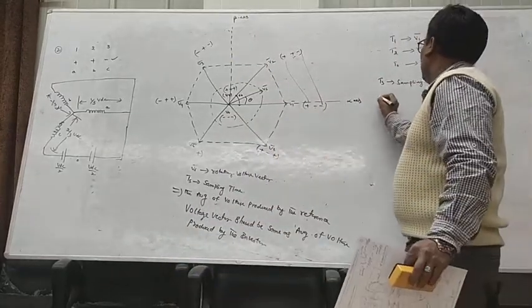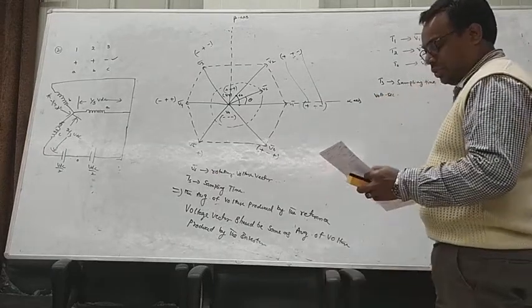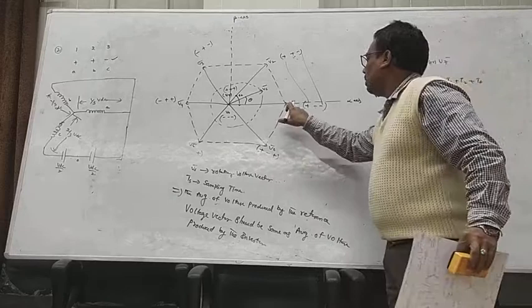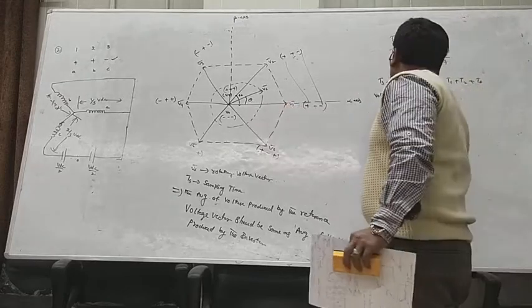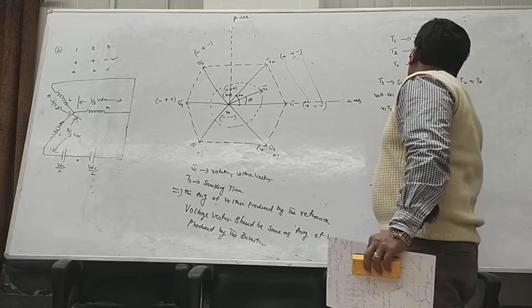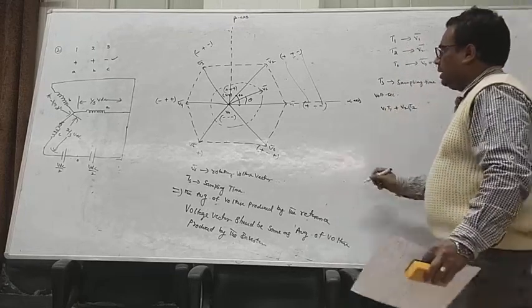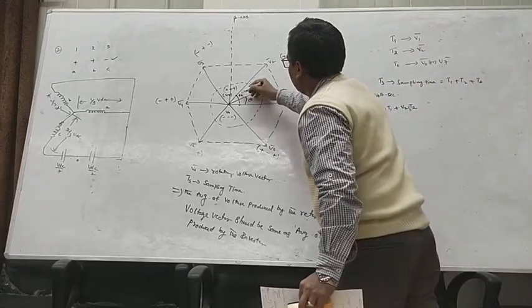By using the volt second principle, for V1 the time is T1, so V1 into T1 plus V2 into T2, and this angle is 60 degrees from V1.